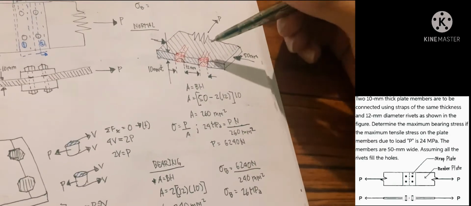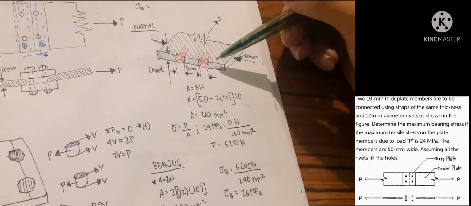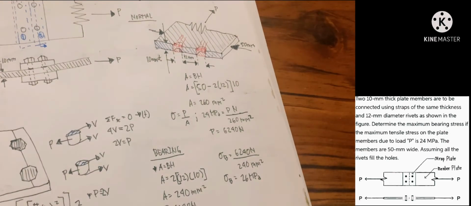That is why we use our load over and over for different types of stress. We test a certain magnitude of load to our different types of stresses, bearing, normal, and shear. And if ever we are given a maximum allowable stress, we can use that as a basis. So that's all for this problem. Thank you.